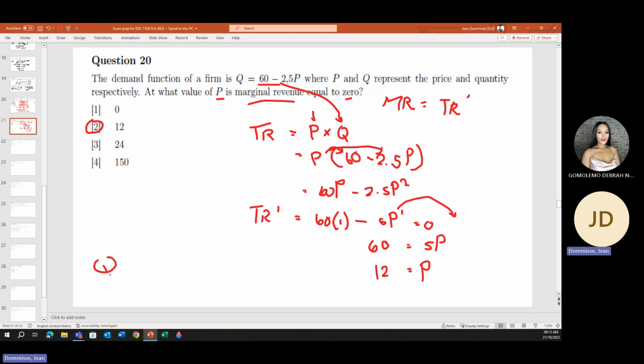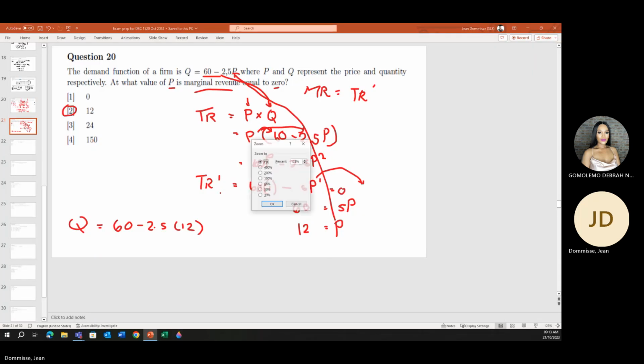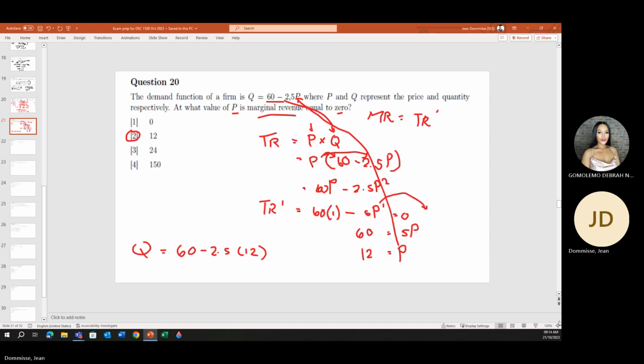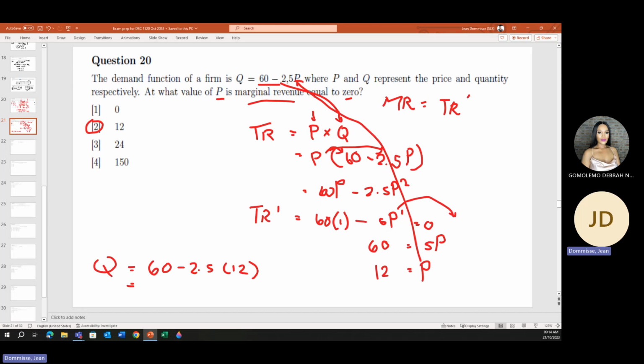If I ask you to work out Q, we would just go back and in that formula substitute P, so we can then say, well, Q is 60 minus 2.5 times 12. And that is 60 minus, let me quickly, 2.5 times 12 is 30.